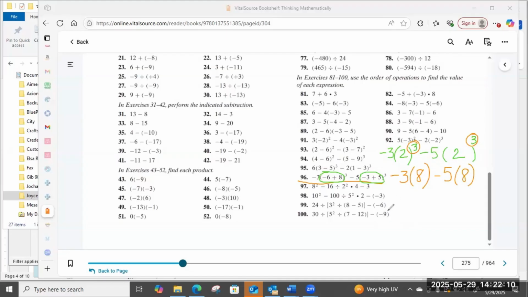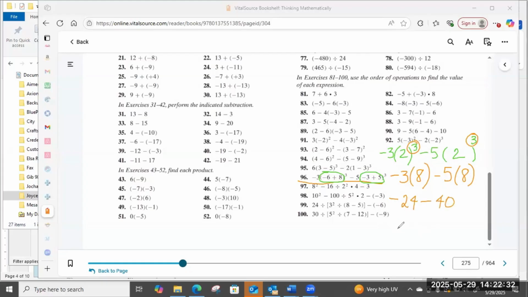The next thing are my multiplications and divisions, and I've got a couple of multiplications, so I can do those from left to right. I'm going to keep the negative sign, and then 3 times 8 gives me 24. I'm going to keep the negative sign again, and then 5 times 8 gives me 40.